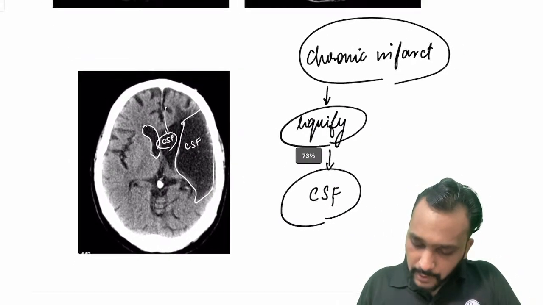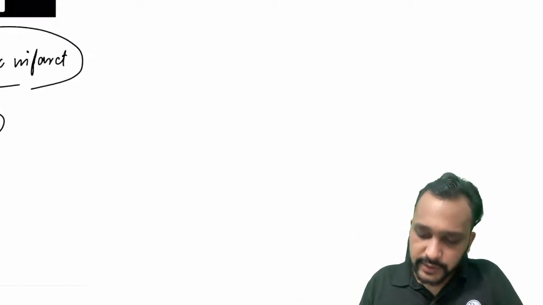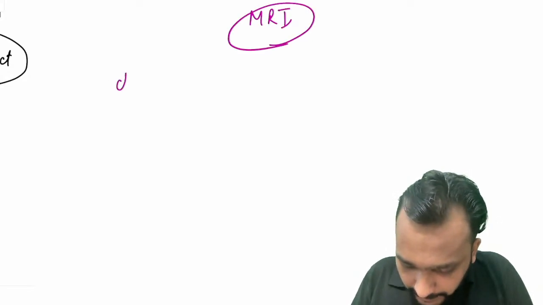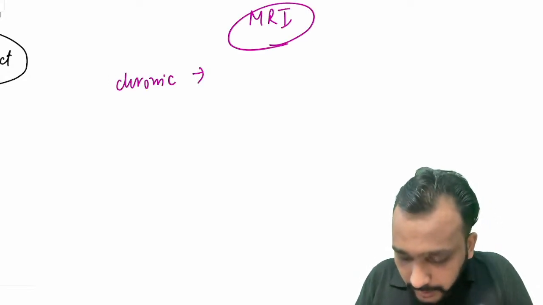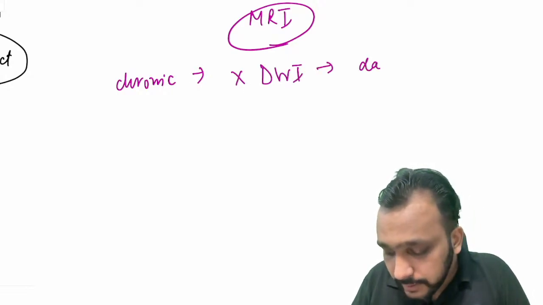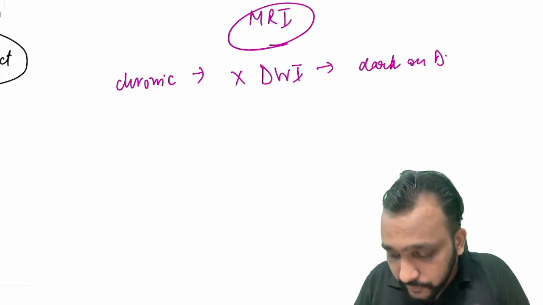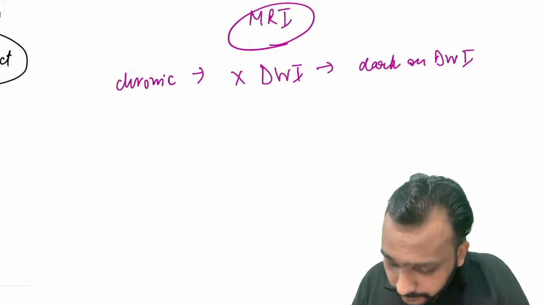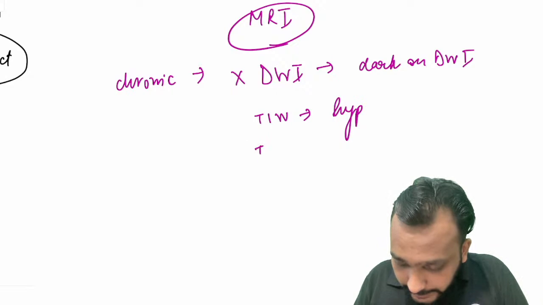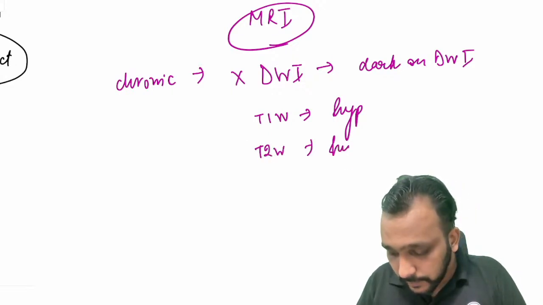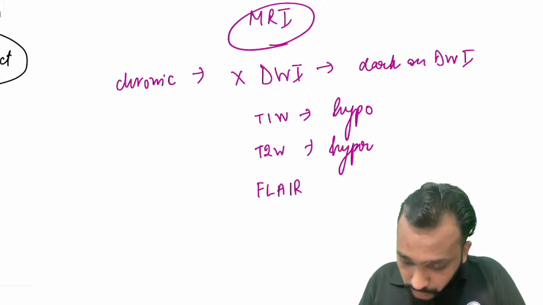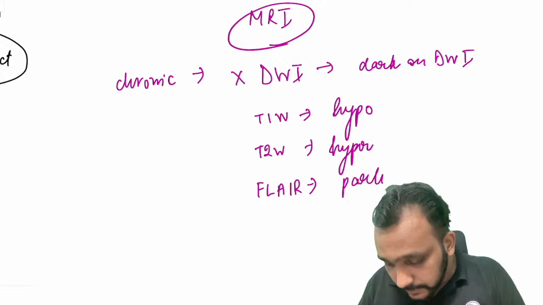And if I have to tell you about the imaging features on MRI, just remember that a chronic infarct will not show diffusion restriction. It means that it is going to appear dark on diffusion weighted images, right? It is going to appear hypointense on T1, hyperintense on T2 weighted images, and on the FLAIR images also there will be partial suppression.